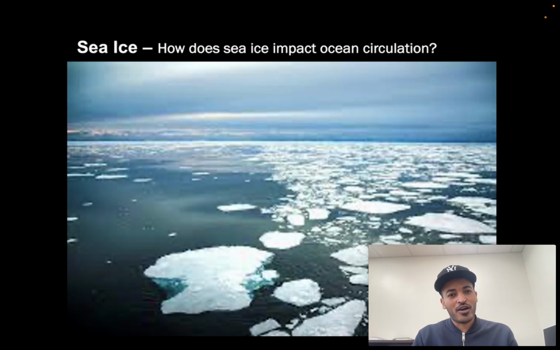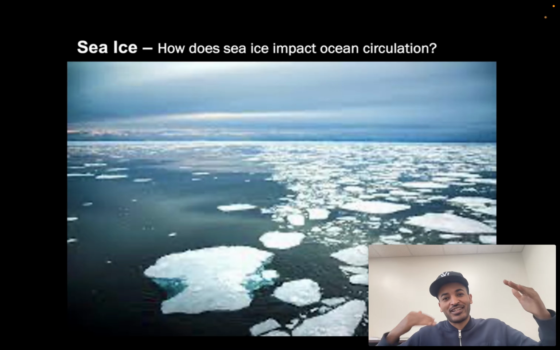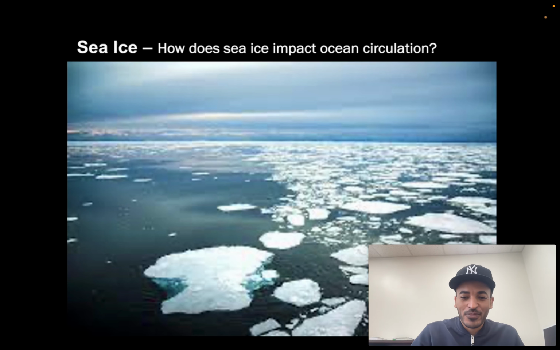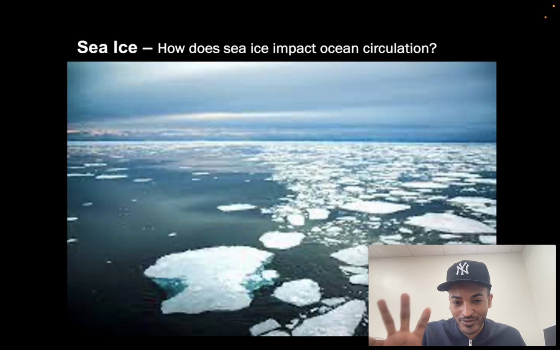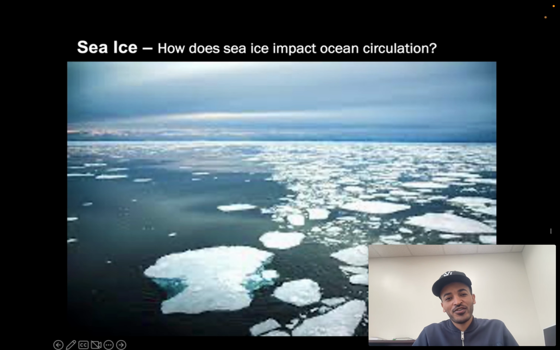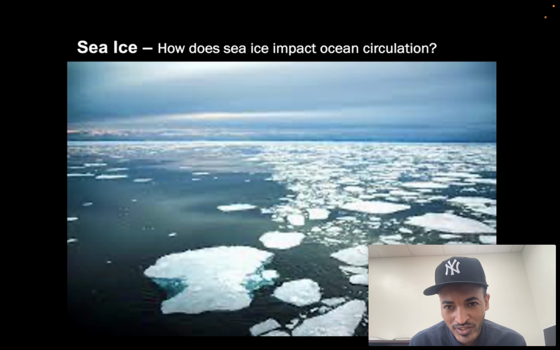So what are the most important variables? Remember, I said salinity. Now we're talking about salinity changes that drive the ocean circulation, right? When we're talking about salinity, there are very important puzzles I would like you to remember. For instance, sea ice. How does sea ice impact ocean circulation, you may ask.